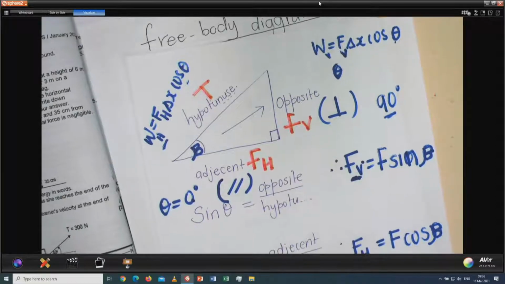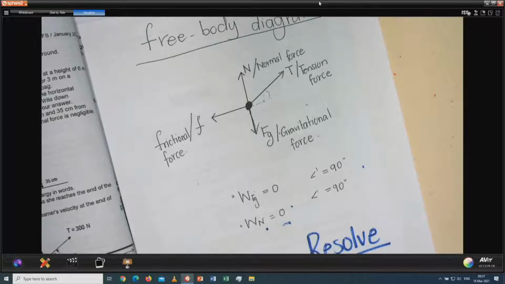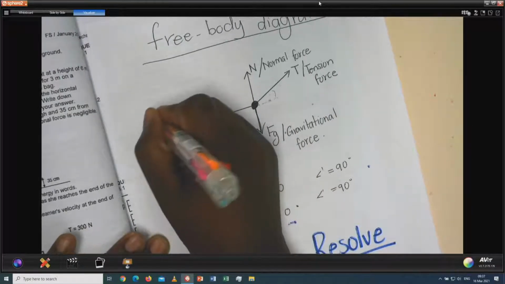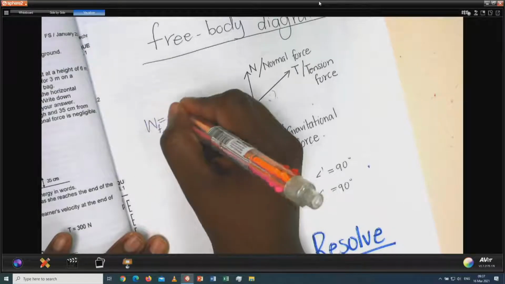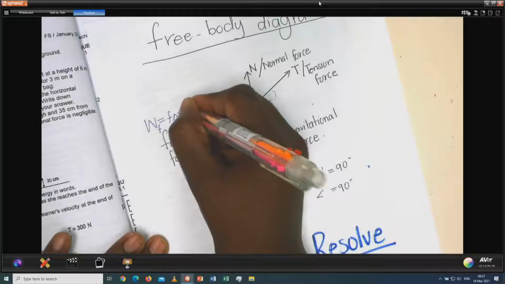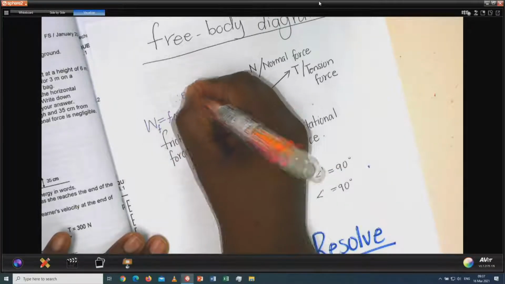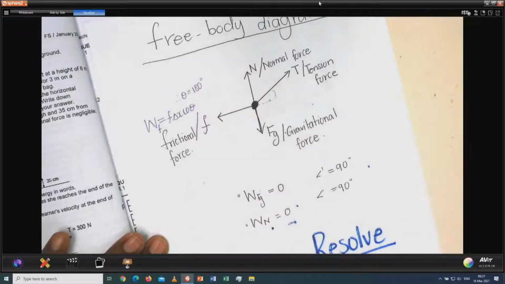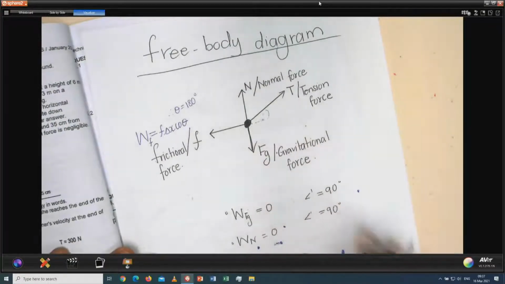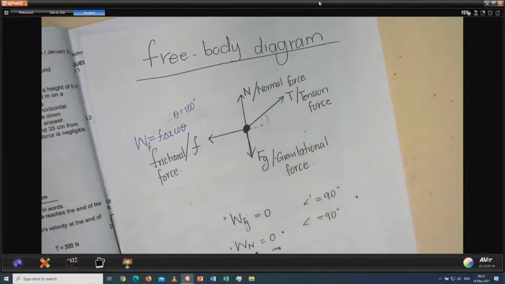Now, you can even extend this on your own, maybe to say, here I'm going to calculate the work done by the frictional force, and I'll say friction delta X cos theta, and just remember my theta will be 180 degrees. And here, let me use a different color.